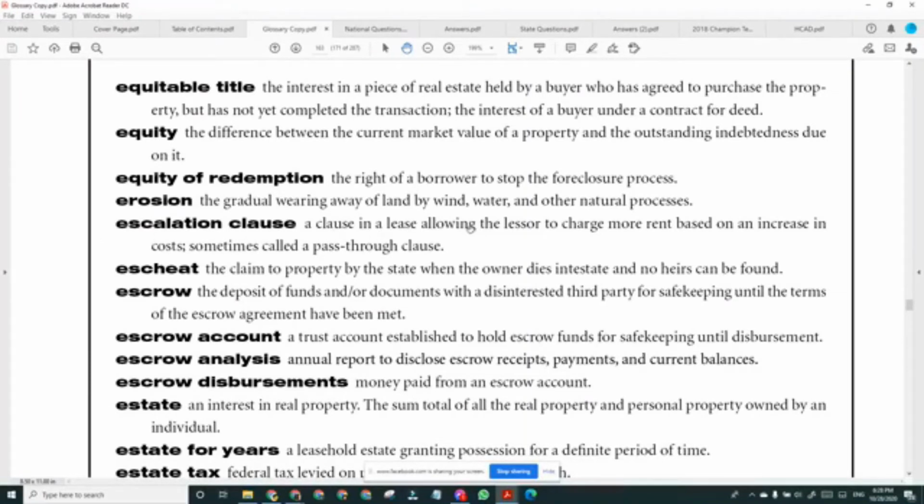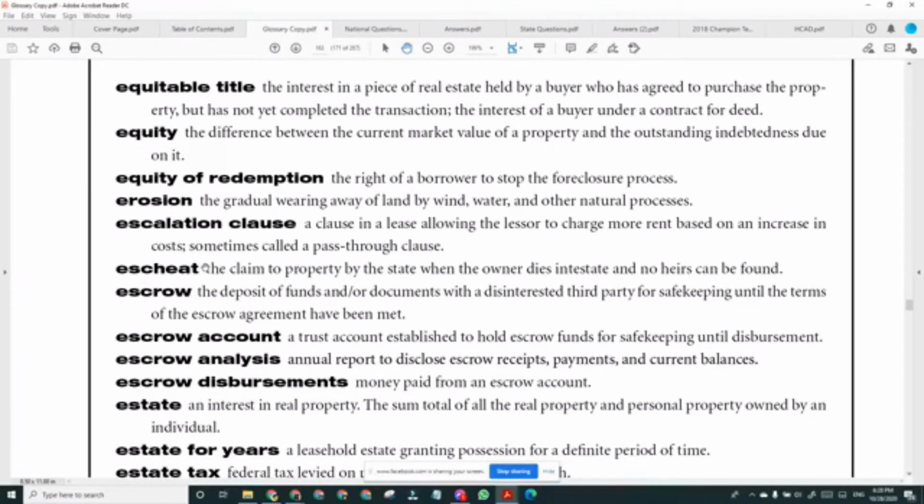A clause in a lease allowing the lessor to charge more rent based on an increase in cost, sometimes called a pass-through clause. Okay, so here it's mentioning a lease, but there is an escalation clause also by the lender, to increase the speed at which the loan has to be paid off.